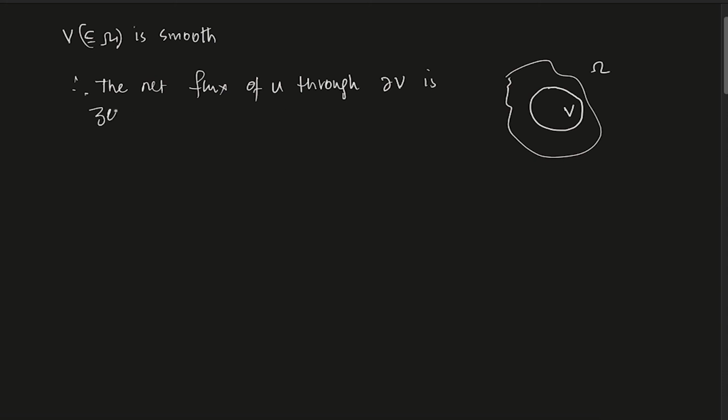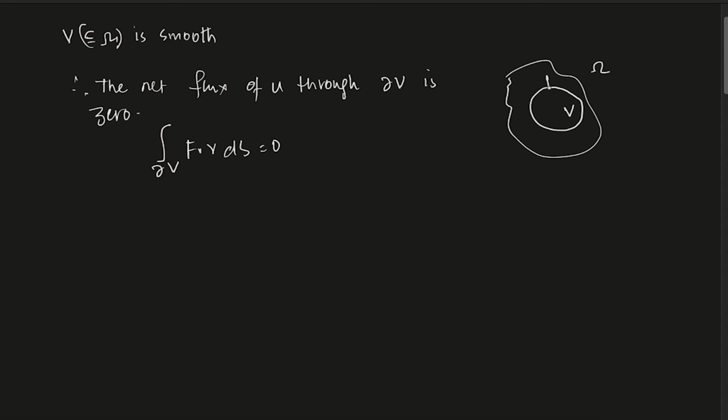This is quite easy. And if that is true, what does that say? The integral over del V of F dot gamma dS is zero. So basically, the flux density is not changing in the unit direction.